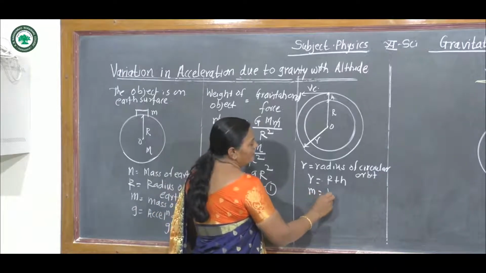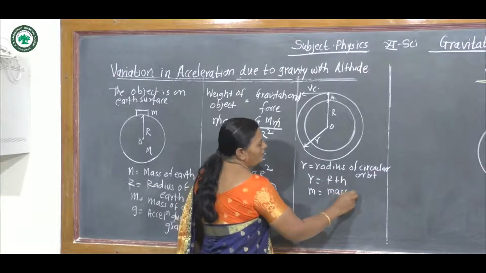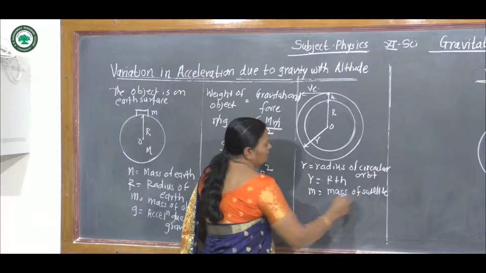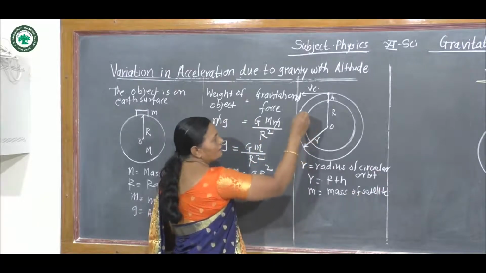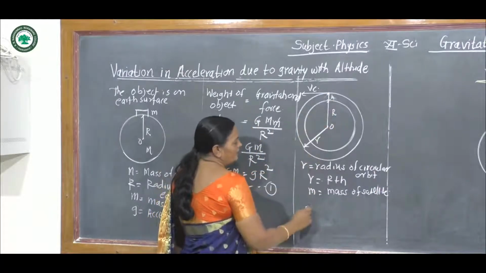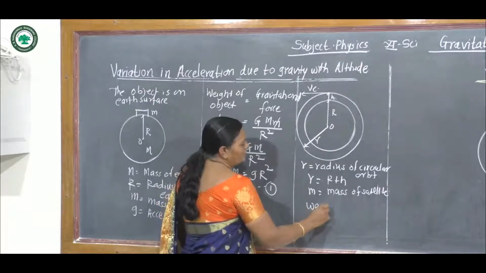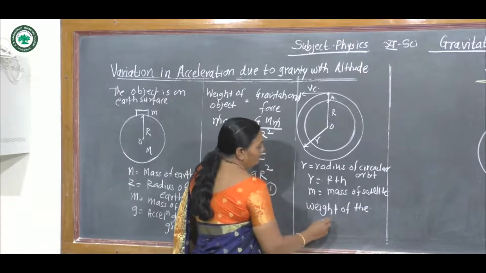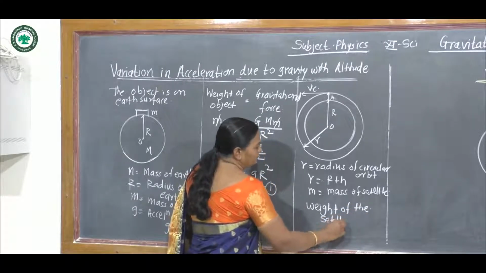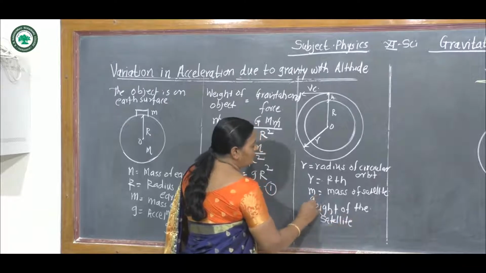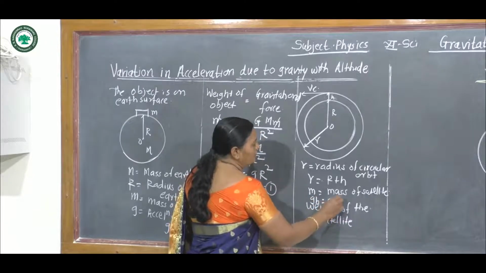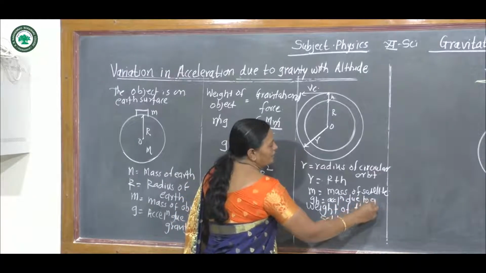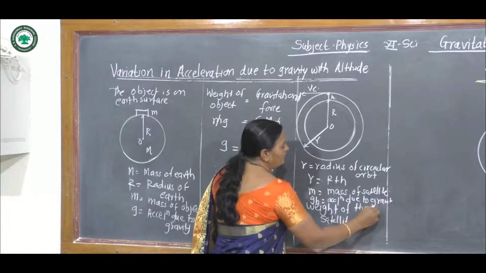Now m is the mass of the object or satellite. Again the force acting on the satellite is its weight. Let g_h be the acceleration due to gravity at height h.